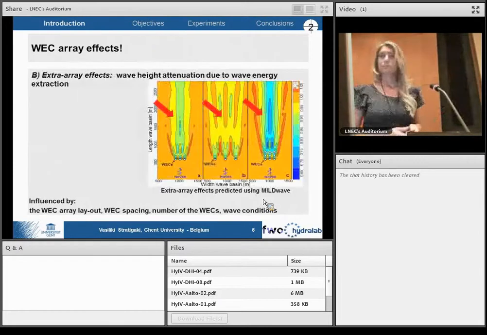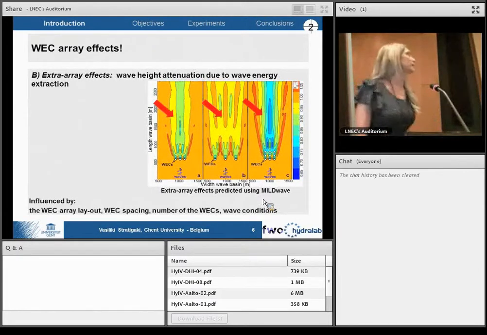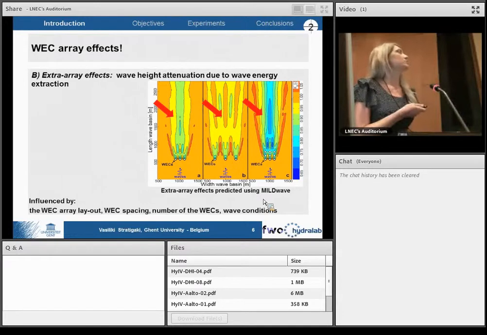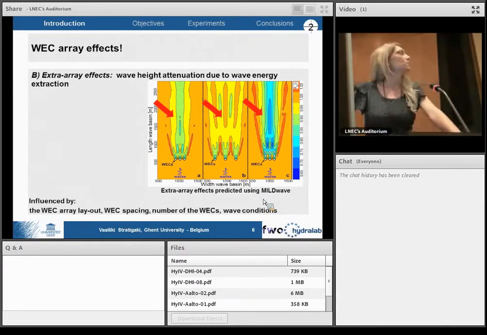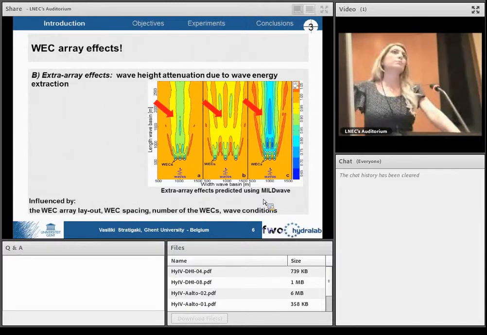These extra-array effects are very important because they may influence other activities in the sea, coastal ecosystems, coastline morphology, or even the coastal defense conditions and parameters. So these WEC arrays may have significant environmental impact, which may be positive, like offering a sheltering effect, or negative.